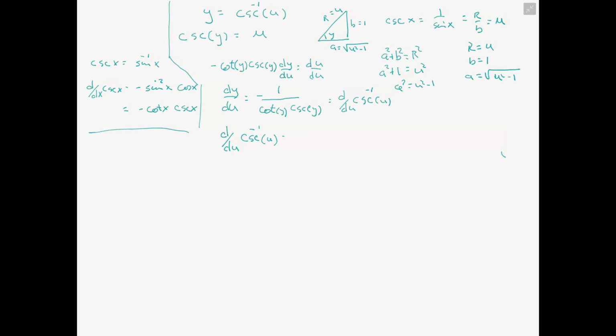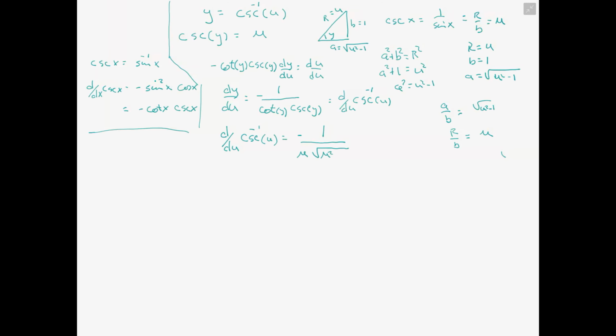D du of cosecant arc cosecant of u equals minus 1 over cotangent of u, and cotangent is a over b, which is square root of u squared minus 1. And cosecant is r over b, which is u.